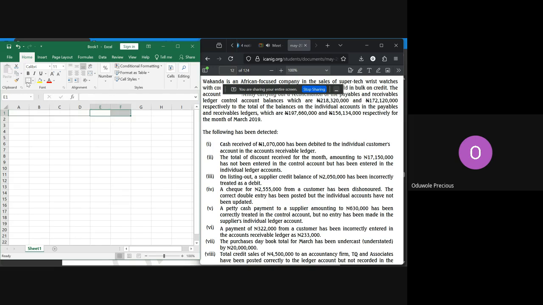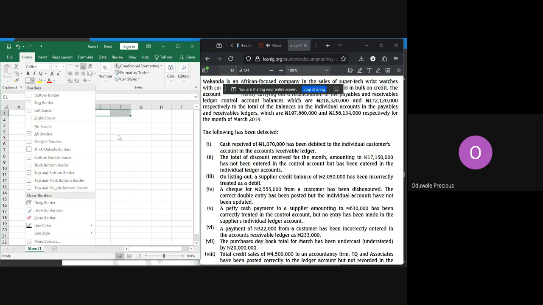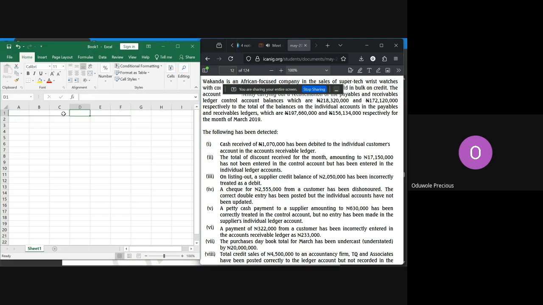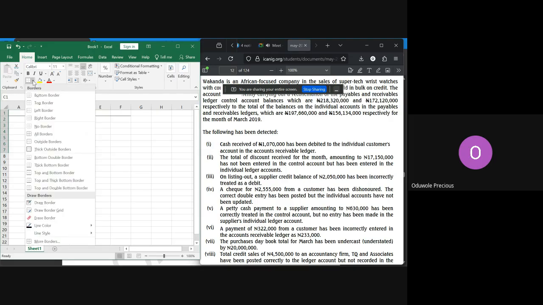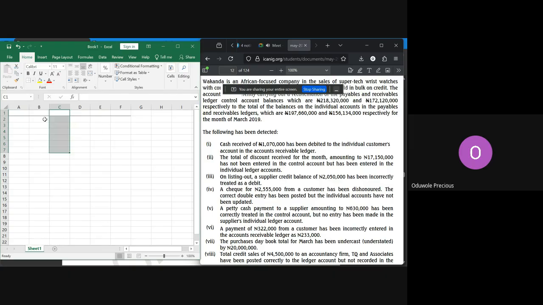So I want to draw a table. I don't know how long it will be. Well, let's say it is this long. So after that, then our Naira sign.